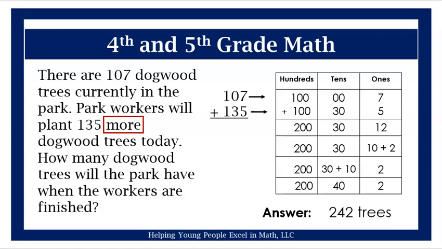On the next to the last line, what we're going to do is add all of our place values together. In the ones place, we just have a 2. In the tens place, we have 30, plus, you see we have that 10 in the ones place. So that'll be 30 plus 10, which is 40, and we have our 200.